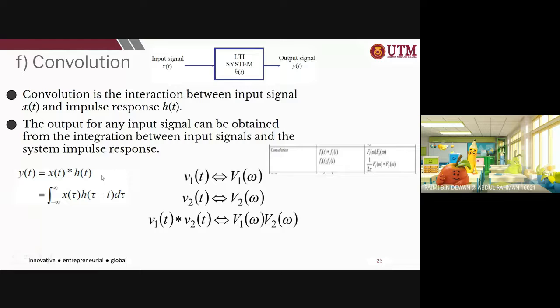Simple, right? Otherwise, you have to integrate in the time domain. So you can see here, converting to the frequency domain is just a multiplication, whereas in the time domain you have to integrate. So for your group assignment later, you will perform this integration in the time domain.